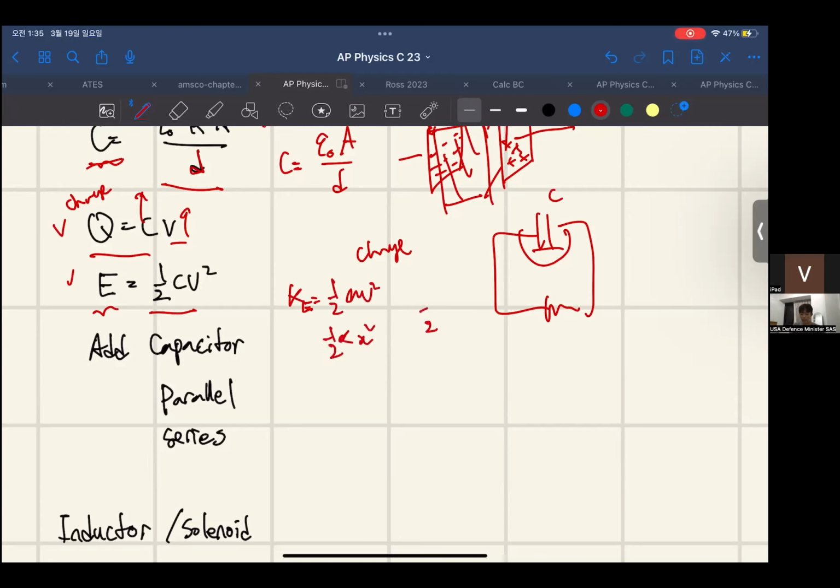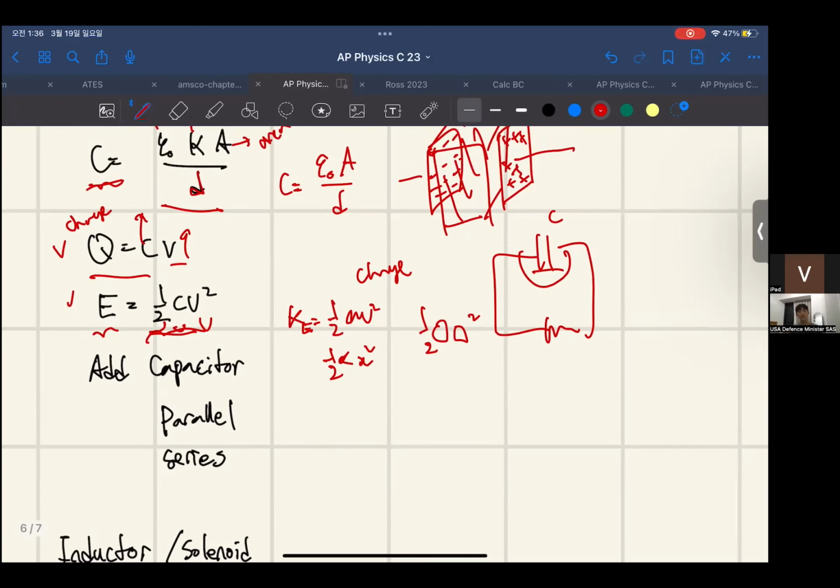This 1/2 something something squared is a very classic structure that occurs often for energy in physics. So same, 1/2 CV squared. Let's remember this formula because some questions might literally ask you what's the energy stored in your capacitor. When a question asks what's the energy stored in your capacitor, it's asking for the energy, not the charge. So please don't get confused.